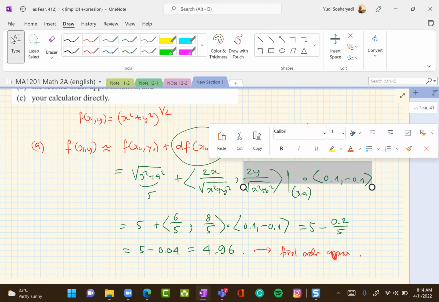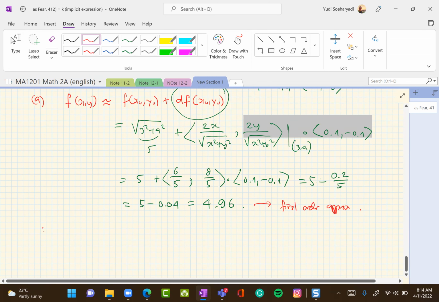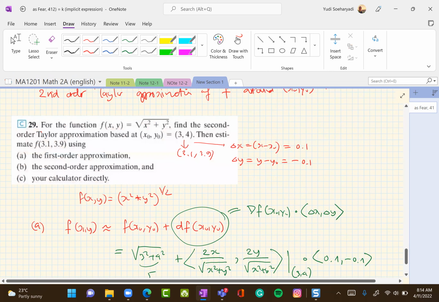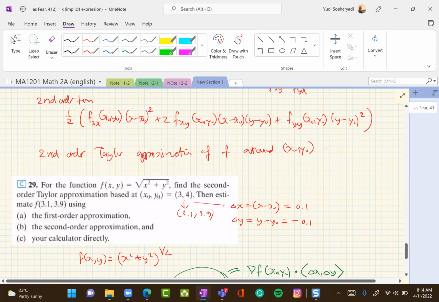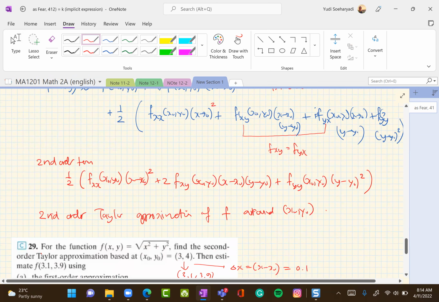Okay, and B now. Second order approximations. Okay, this is first order. Let's now just find the second order. So we need to find this here.